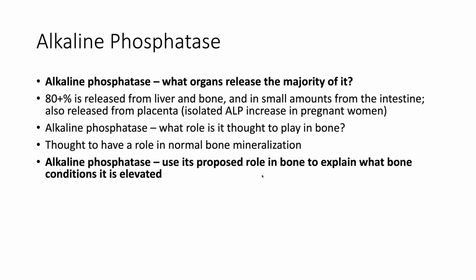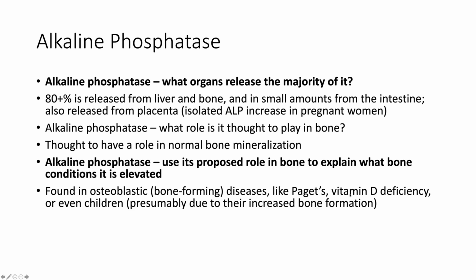So use the proposed role in bone to explain what bone conditions it's elevated in. Anytime you have bone turnover, so I would say osteoporosis, osteomalacia. So close. You are correct about the osteomalacia. So vitamin D deficiency, right? So kids with osteomalacia, right? You don't really see it in osteoporosis so much.